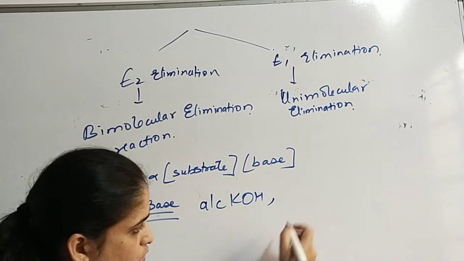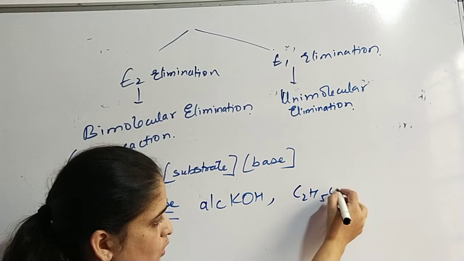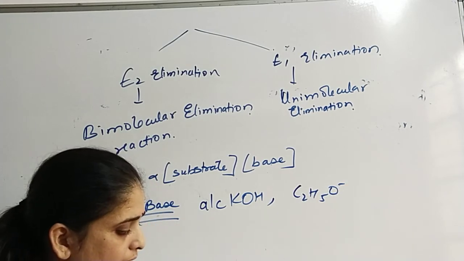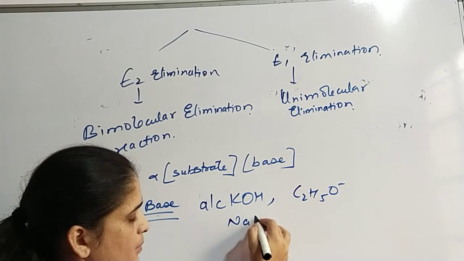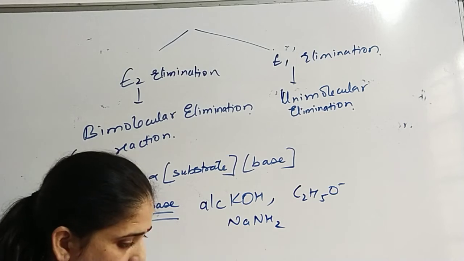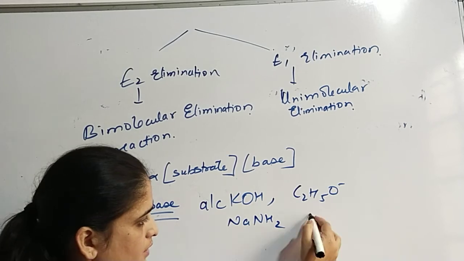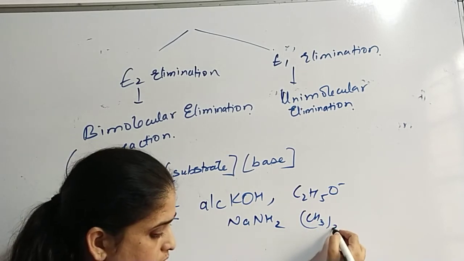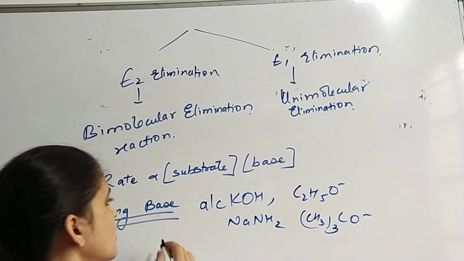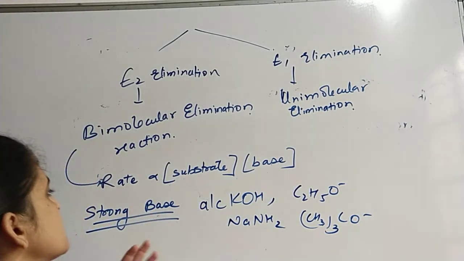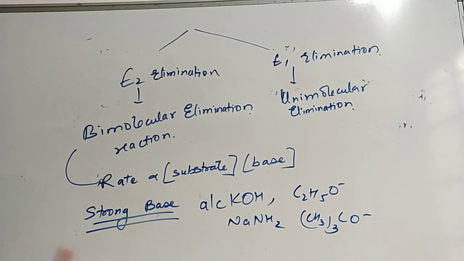Alcoholic KOH can be used. Second is C2H5O minus, that is the ethoxide ion. Then it is sodamide, that is NaNH2. It is also a strong base. Then CH3CO minus, etc. So these are the four important bases which can be used in the bimolecular elimination reaction.